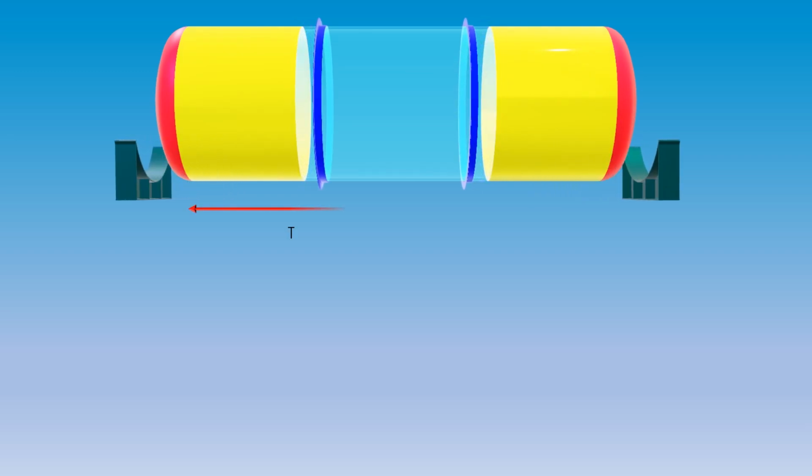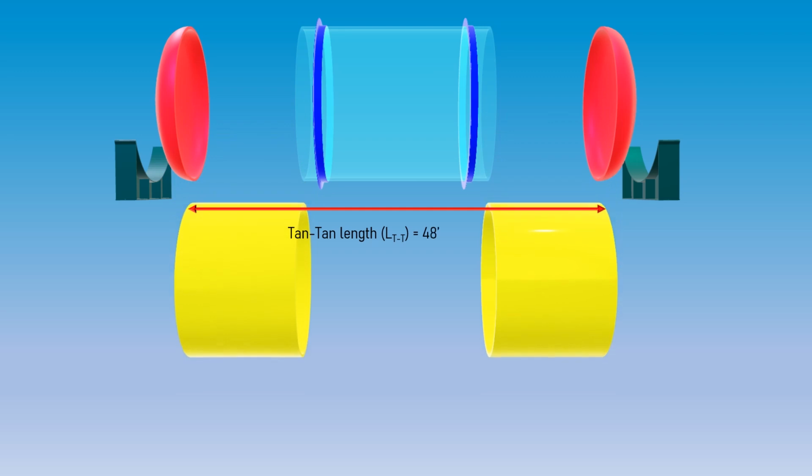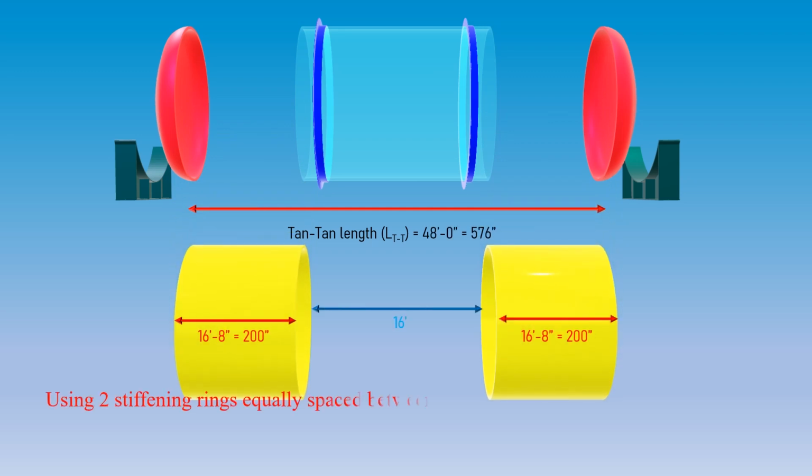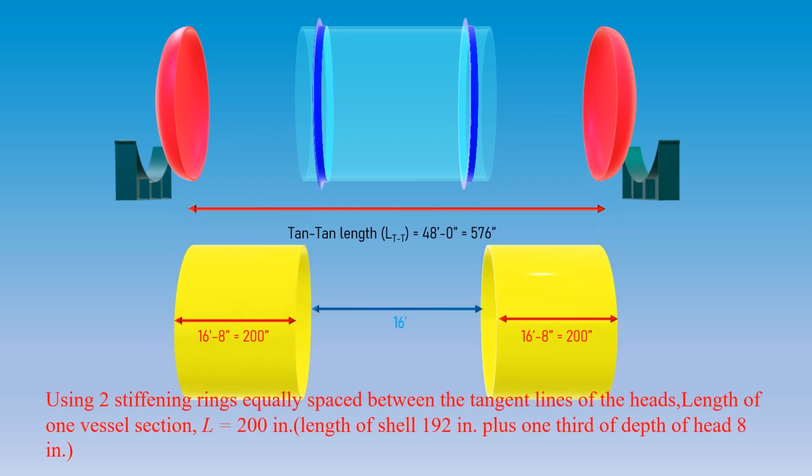Here stiffening rings are dividing the shell into three sections: the end sections of 200 inches and the middle section of 192 inches. So the L dimension is reduced from 576 inches, the original length of the shell, to 200 inches and 192 inches in the respective sections.